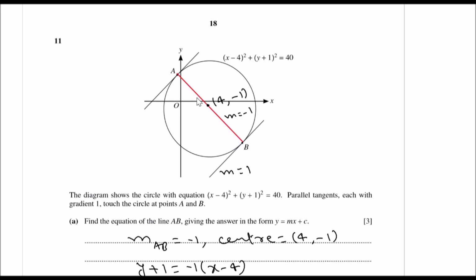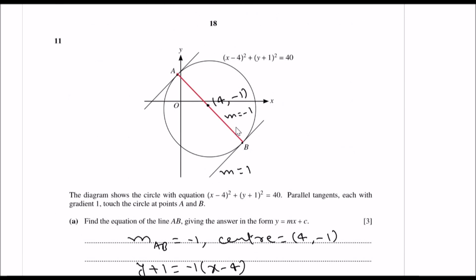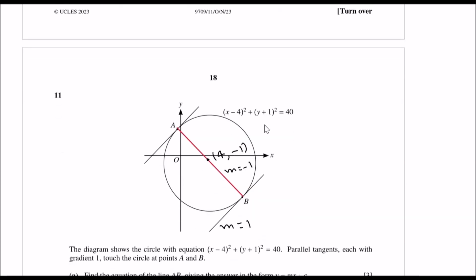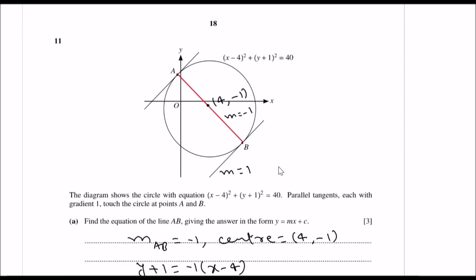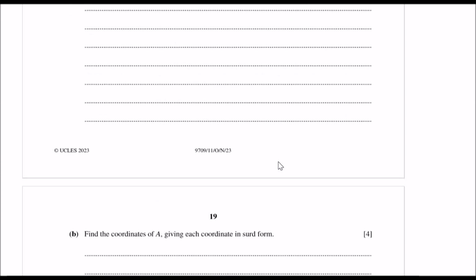We can solve for A and B simultaneously: y equal to -x plus 3, and (x minus 4) whole square plus (y plus 1) whole square equal to 40. This is the circle equation. To solve it simultaneously, we need to substitute y equal to -x plus 3.